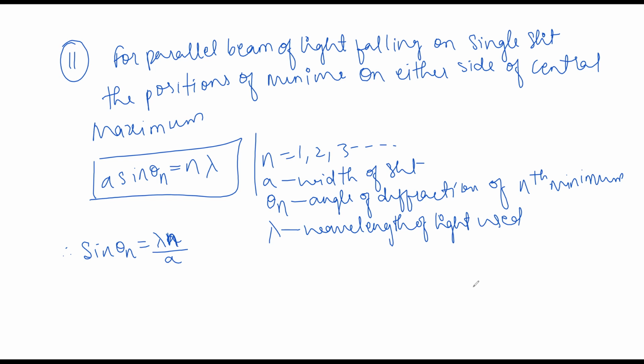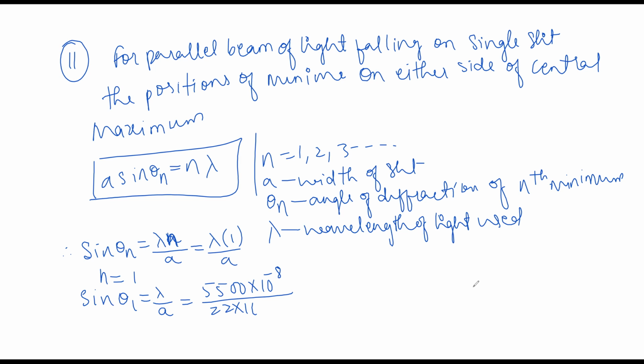Can we write it like that? For first order, if we substitute n is equal to 1, then what happens? sin theta 1 is equal to lambda divided by a, because we substitute n as 1, and we get lambda by a. So substituting the values: 5500 into 10 to the power of minus 8 divided by 22 into 10 to the power of minus 5 is equal to 0.25.